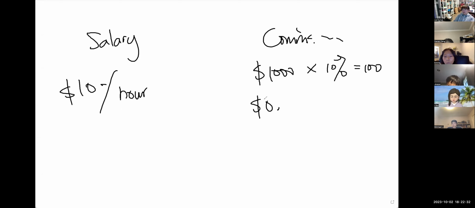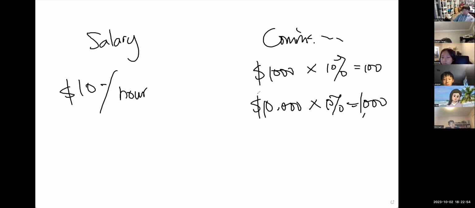If you 卖出去1万块钱，他给你 10%, 就是1000块钱。Okay, the more you sell, you get more money. Okay, so let me ask Daniel, which one you like better? But there's possibility you cannot sell anything.